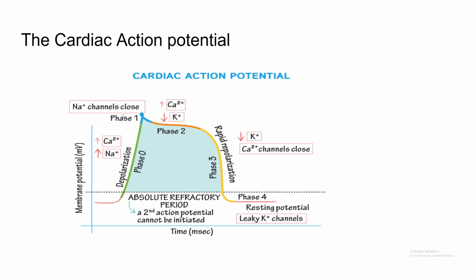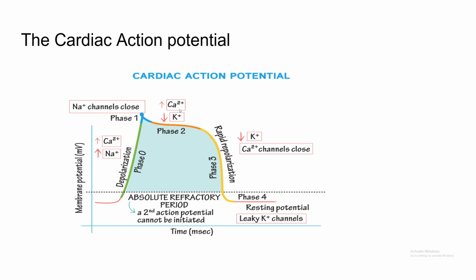So once these sodium channels close off, calcium channels are still open. They're still flooding the cell with positive ions, so it's going to become a little bit more positive, and then eventually potassium channels are going to open to balance this. This is also when you get the second type of calcium channels that open, inside the cell. The sarcoplasmic reticulum specifically is going to open up, and this is where you get that other influx of ions.